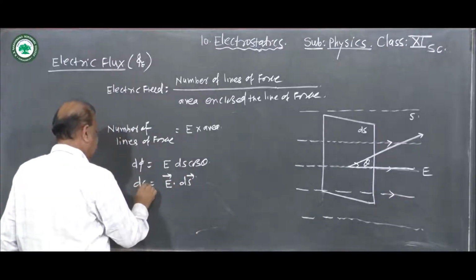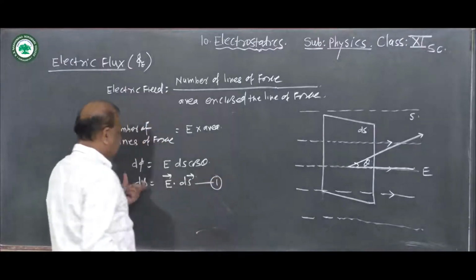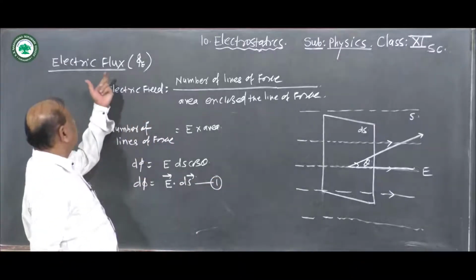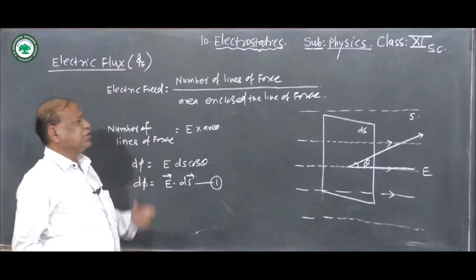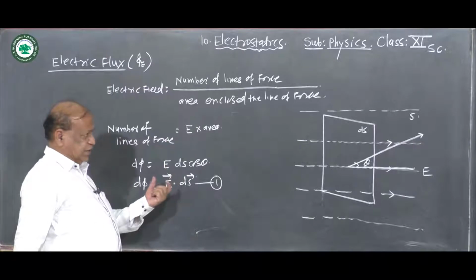This is d phi, equation 1. This is the small electric flux on that surface area ds.